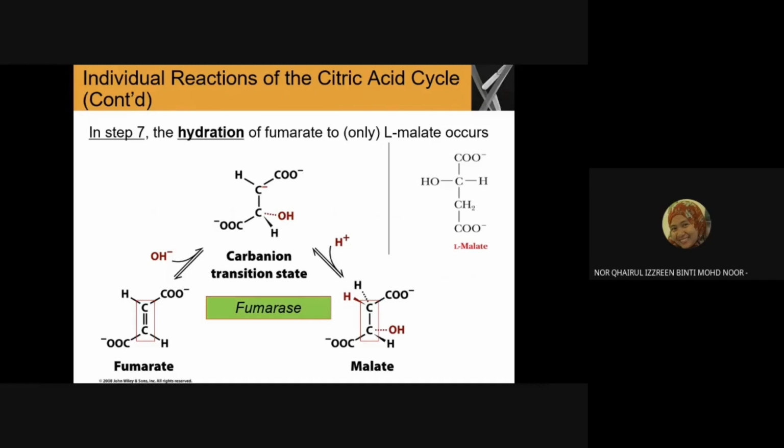Okay, step number 7 is the hydration reaction. The hydration of fumarate can occur only in the L form. In the red box here, water attacks only at a specific site, so only the L isomer of malate can be formed.